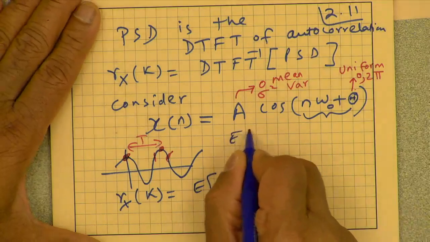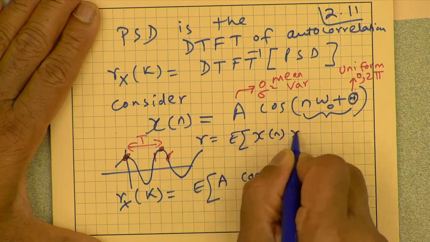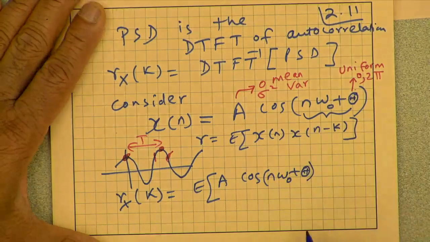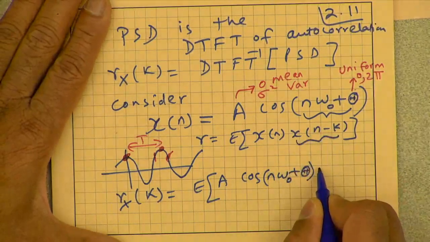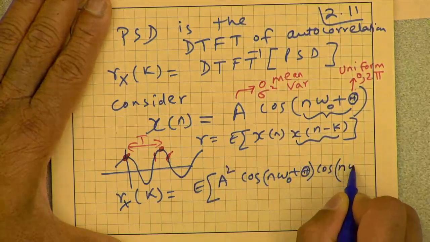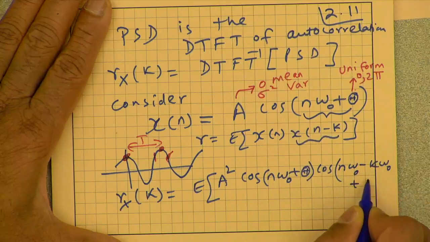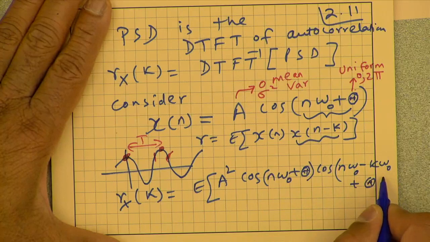So R is equal to the expected value of x n times x n minus k, dropping the conjugate because it's a real signal. The x n minus k will give another A, making it A squared, times cosine n omega naught minus k omega naught plus the random phase theta.